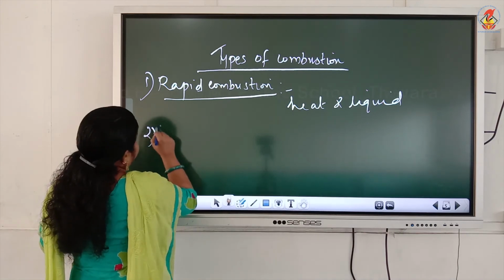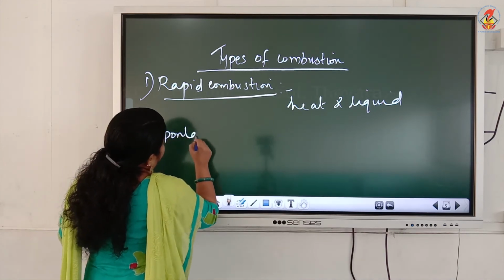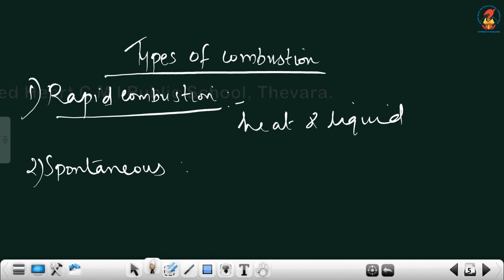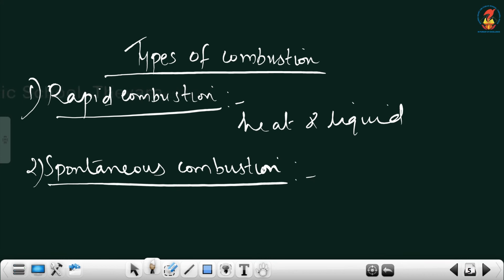Second one is spontaneous combustion. In this combustion, the combustible material suddenly bursts into flame without any apparent cause. Here there is no apparent cause.